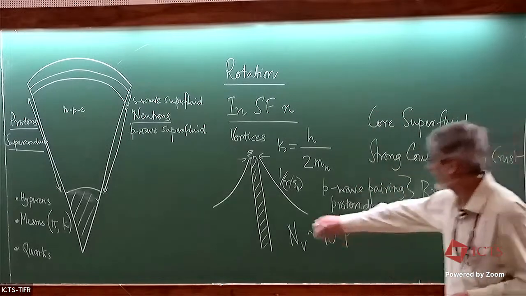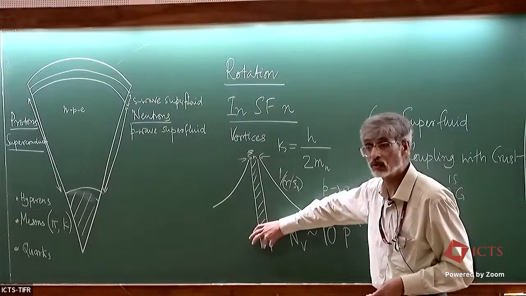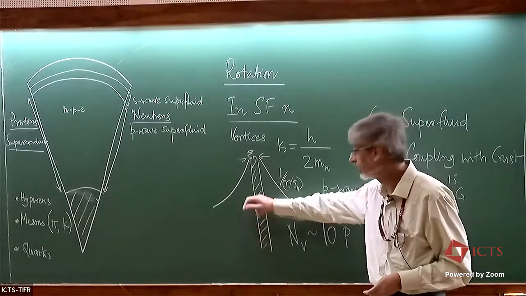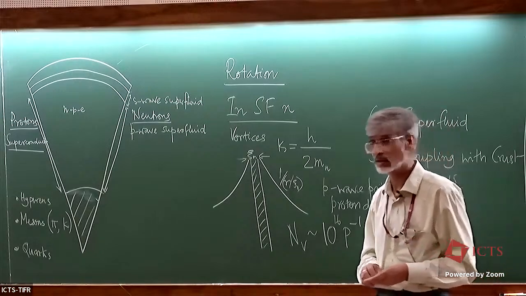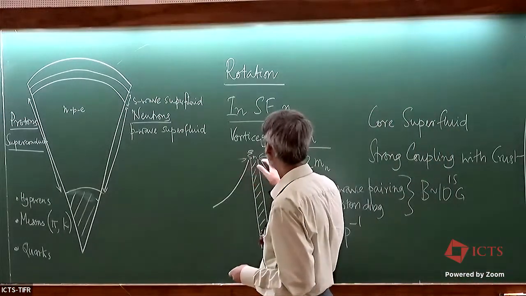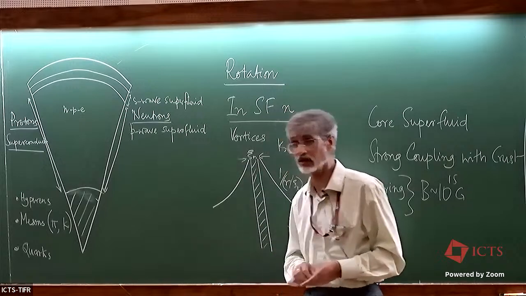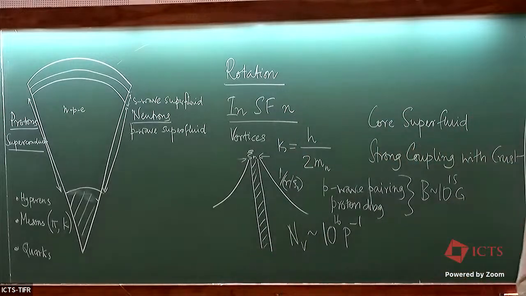Yeah, so these cores are not superconductor. The circulation around it is of superconducting fluid. Right? So cores have size of the order of the coherence length, which is of the order of a Fermi.